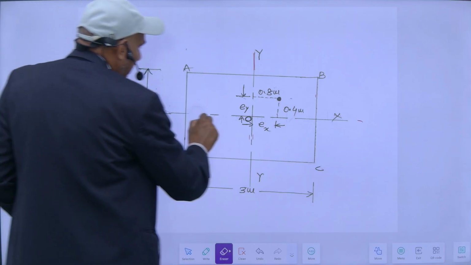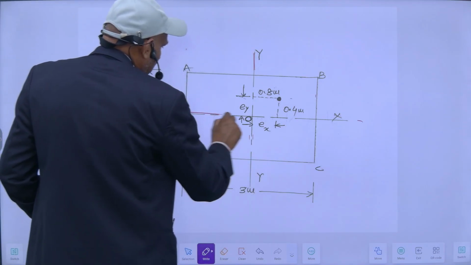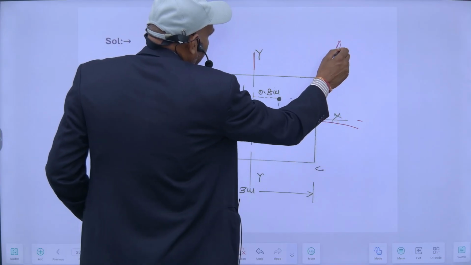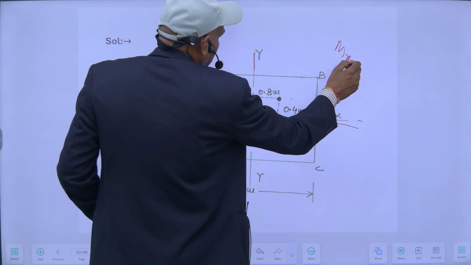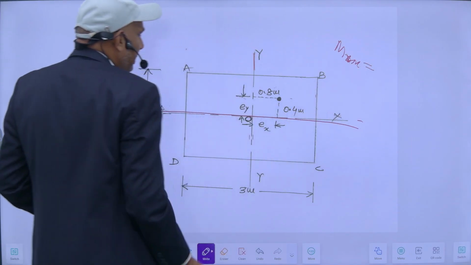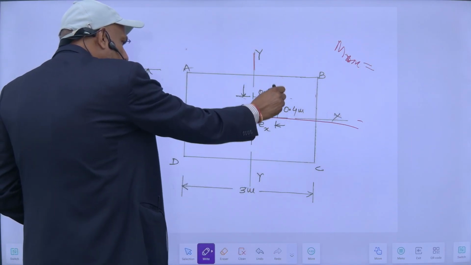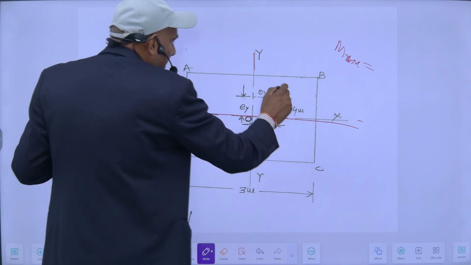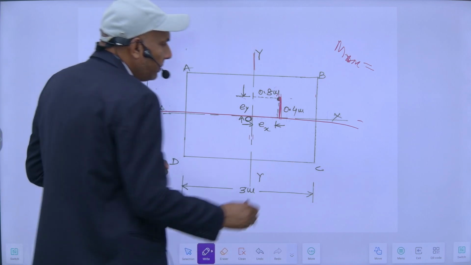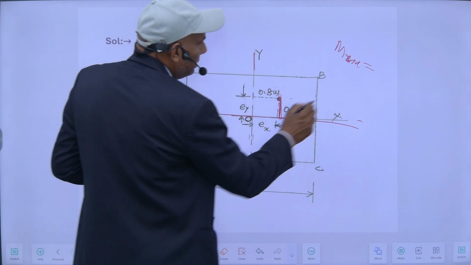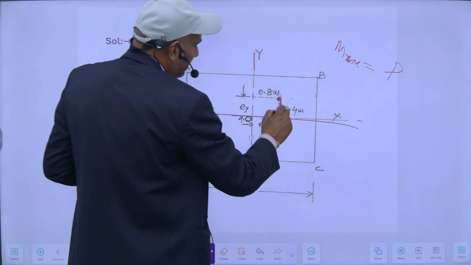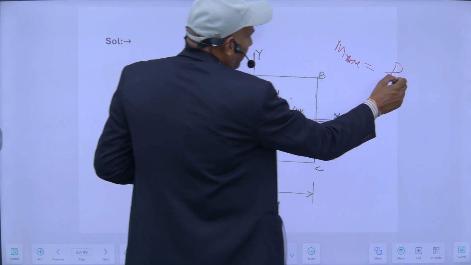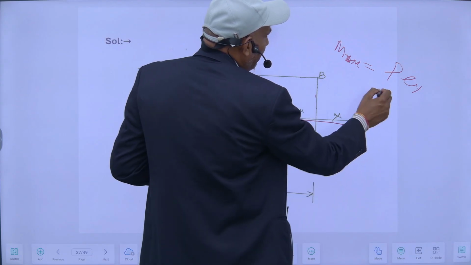So about this x-axis, my bending moment Mx will be this load into the perpendicular distance from this axis. This is the x-axis, this is the perpendicular distance. So my Mx will be this load into this, EY.